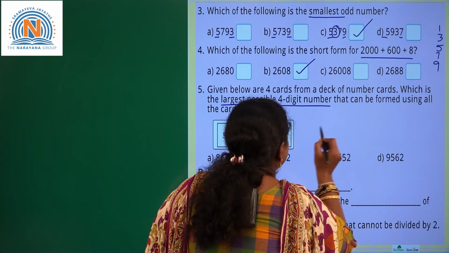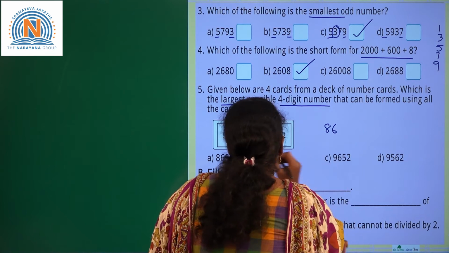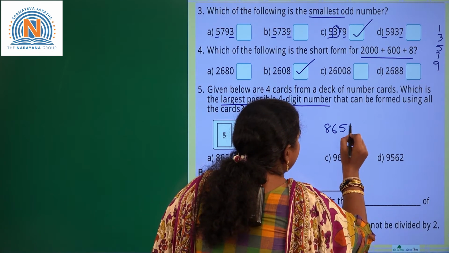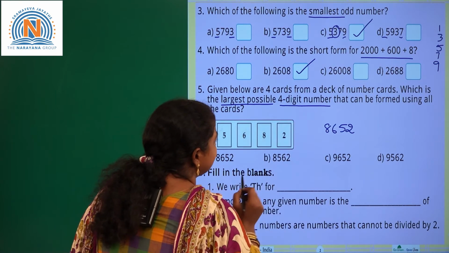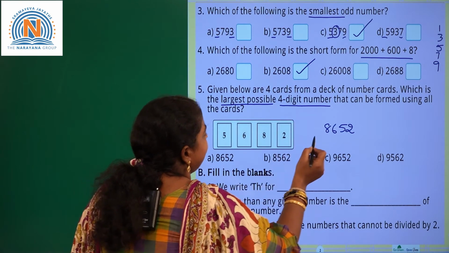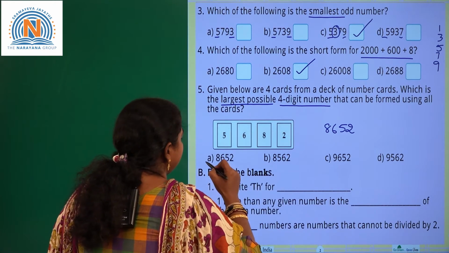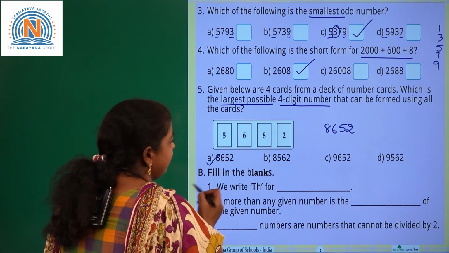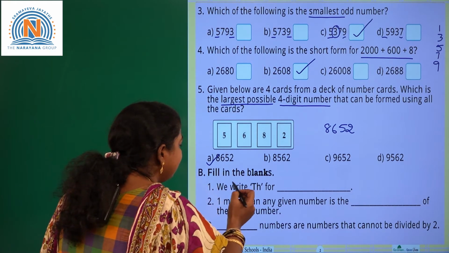First greatest digit is 8 and the next one is 6 and the next one is 5 and the last one is 2. So what is the largest possible 4-digit number using the given cards? 8652. In which option you are having that? In option 1. That is A. So choose option A.